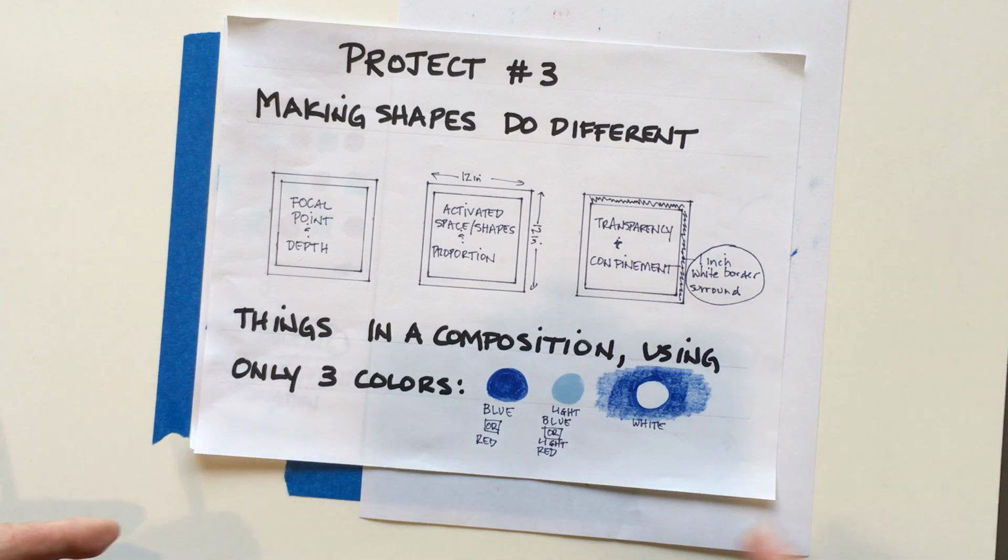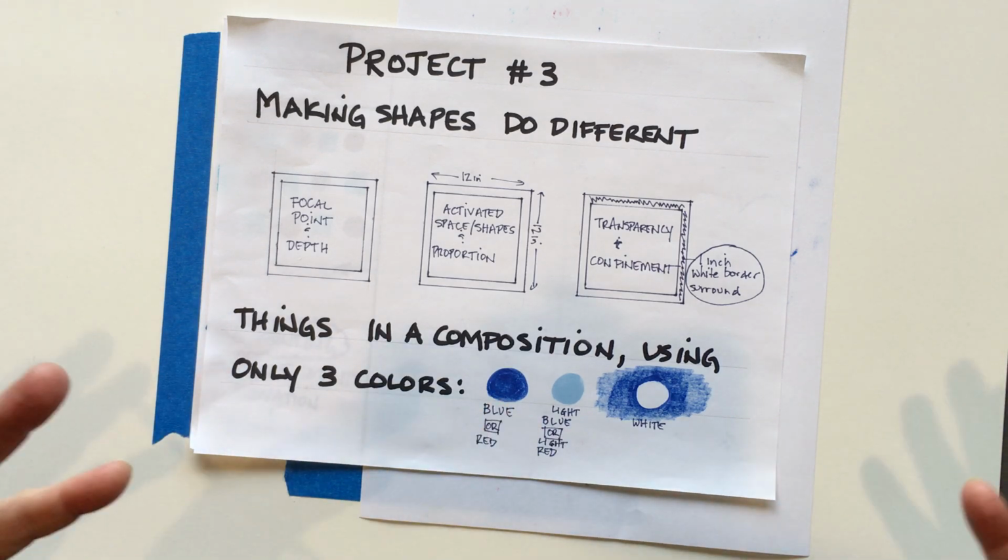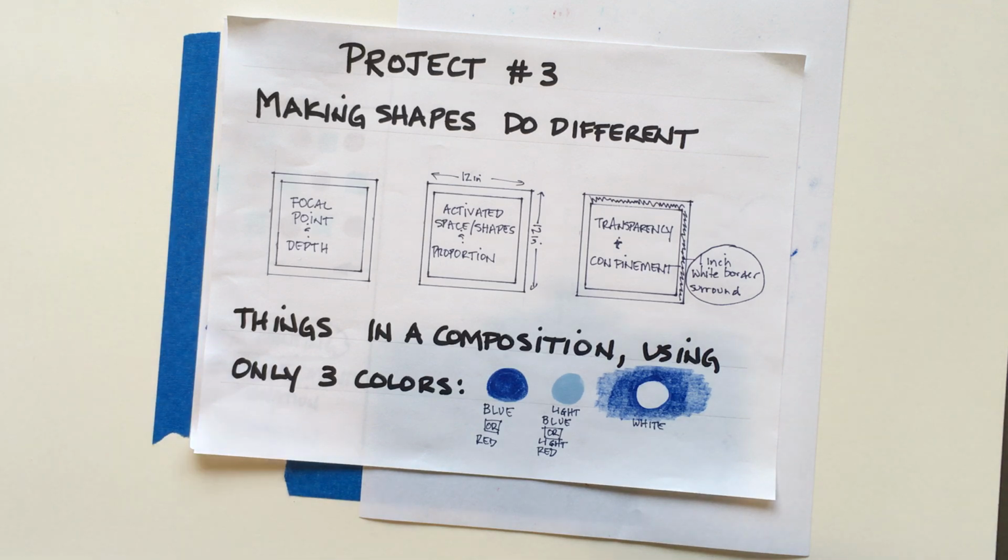We want our eye to move in some way so that it's energized, our eye doesn't land, it's very excited and excitable. Sometimes it can create tension.